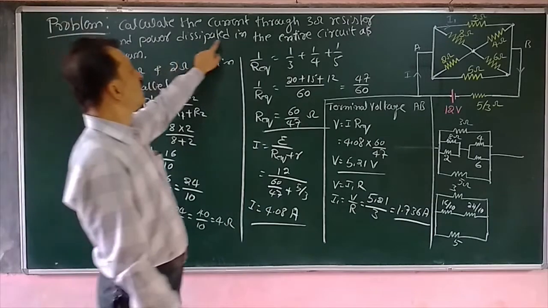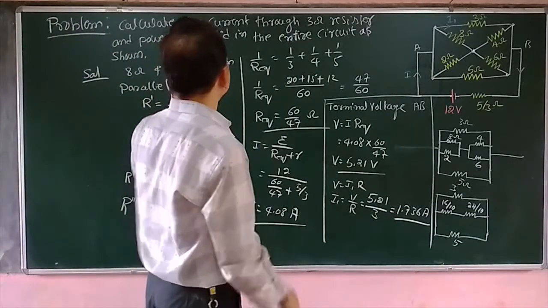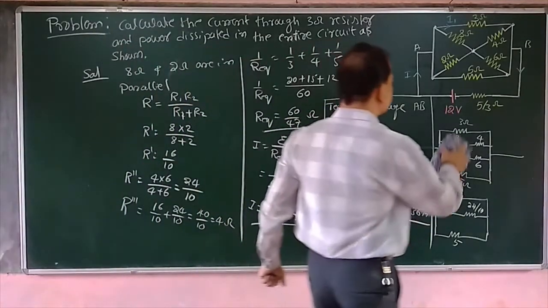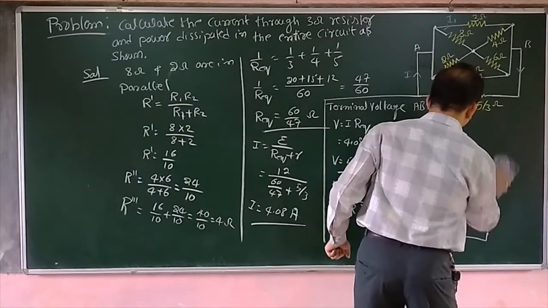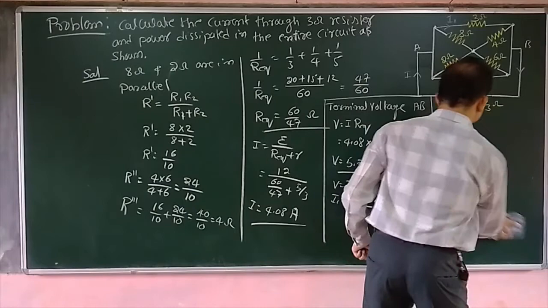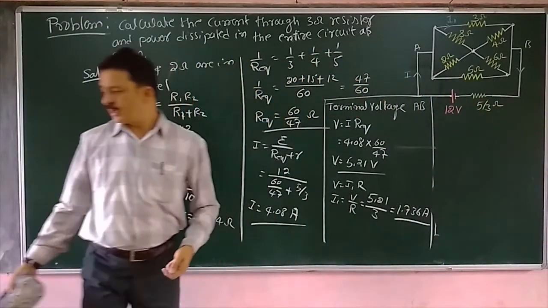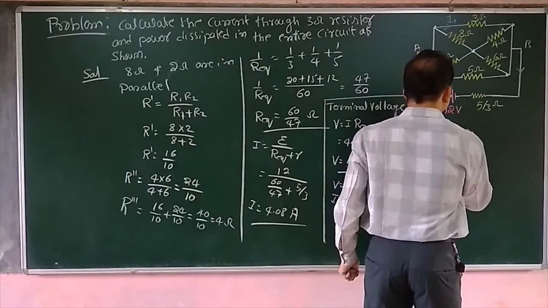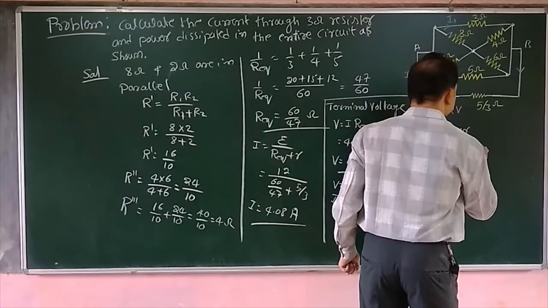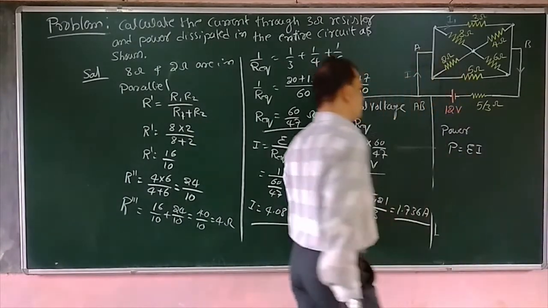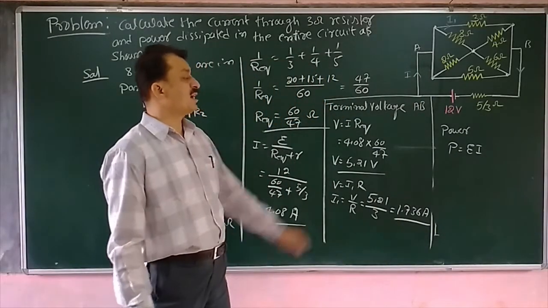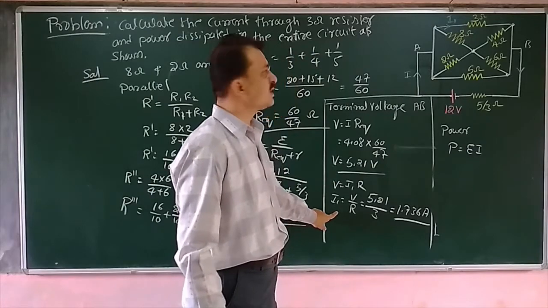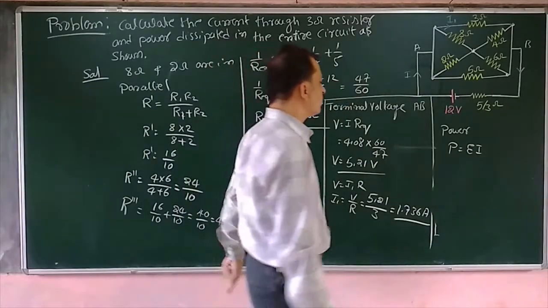And finally we have to calculate the power dissipated in the entire circuit. How can we calculate that? A simple formula: power P is equal to EMF multiplied by the main current, not this current, which is only flowing through the 3 ohm resistor.